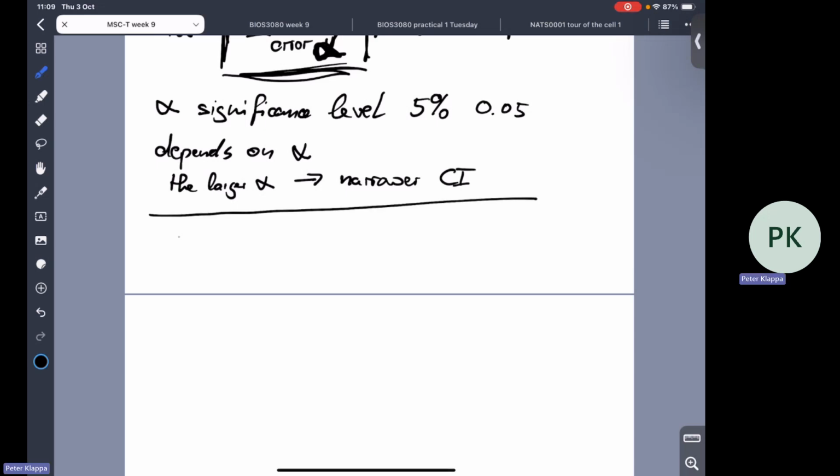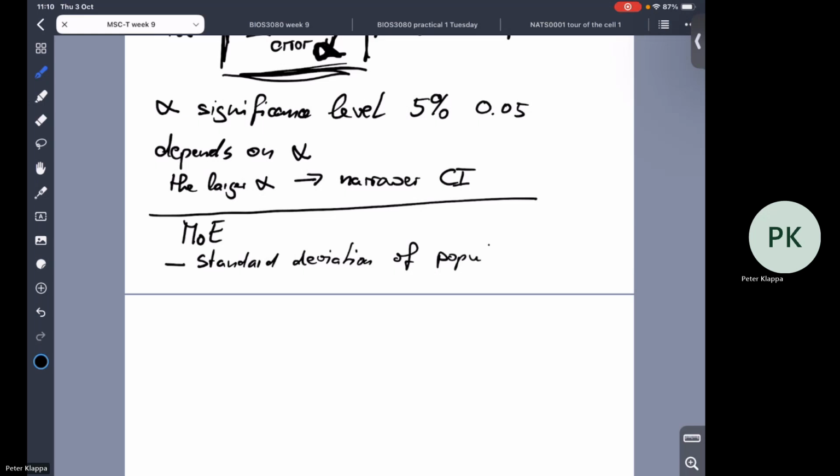We said the confidence interval, or if we like, the margin of error, MOE, depends on the variability, variance, or let's do it standard deviation, of the population. And we said we have to estimate that because we don't know it.